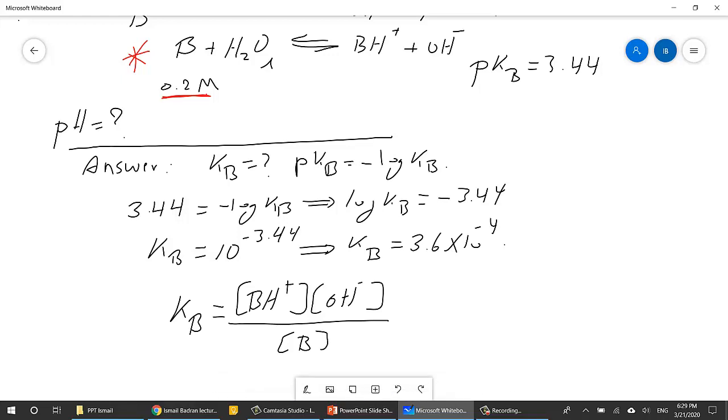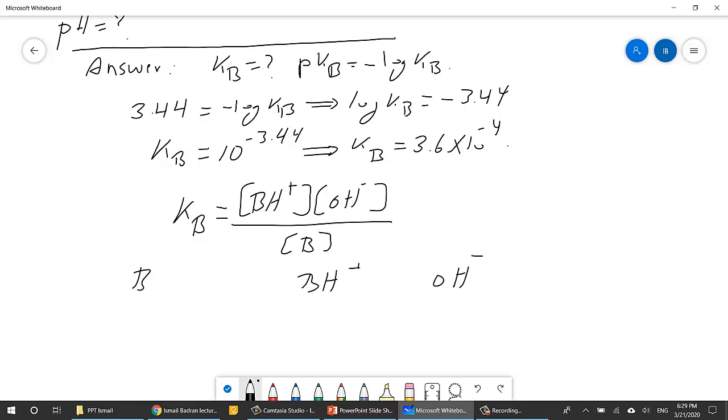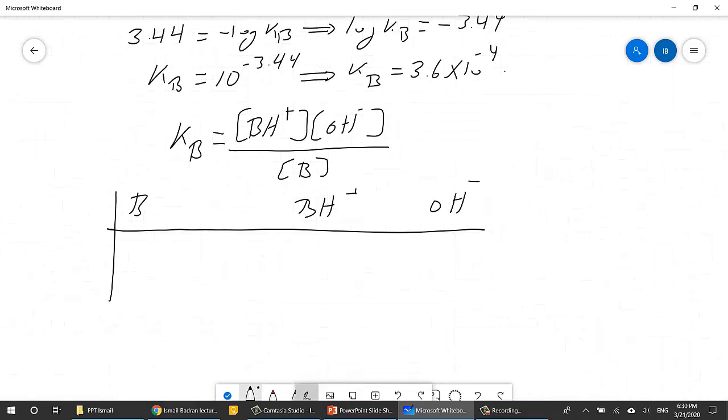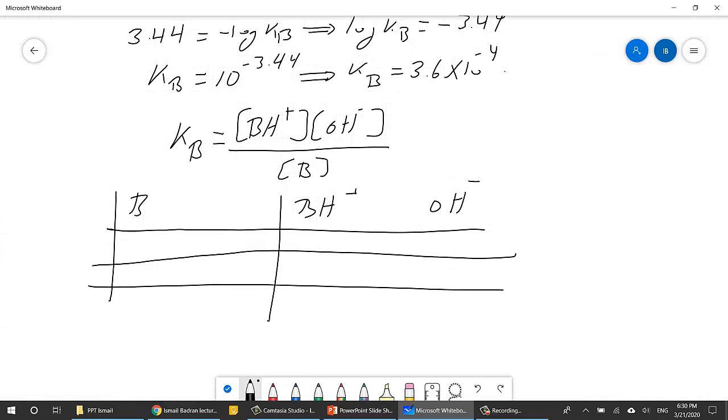And we need an ice table for this. So you have B, you have BH plus, and you have OH minus. So just quickly here, an ice table.